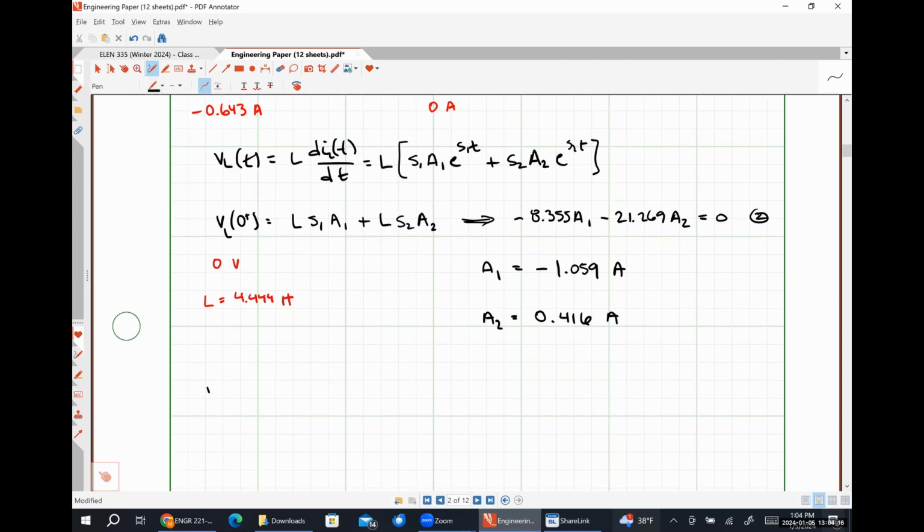Now, we can say that VL of t is L S1 A1 e to the S1 t plus L S2 A2 e to the S2 t. And we know what L is, we know what S1 and S2 are, we know what A1 and A2 are.